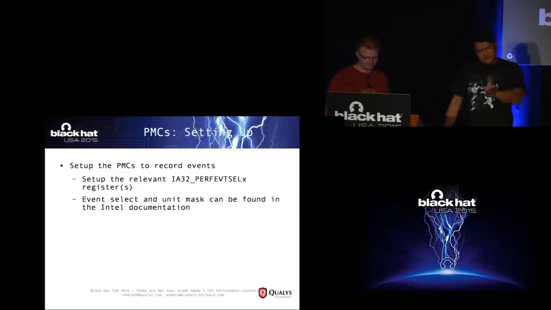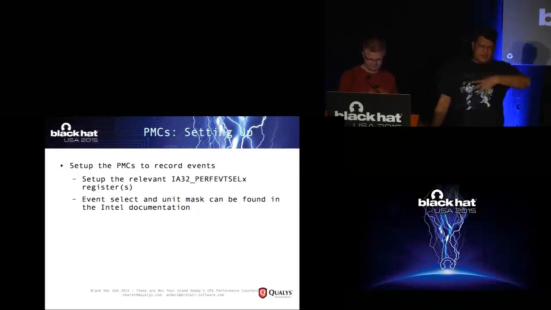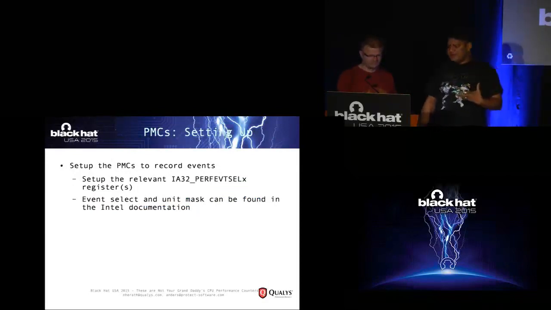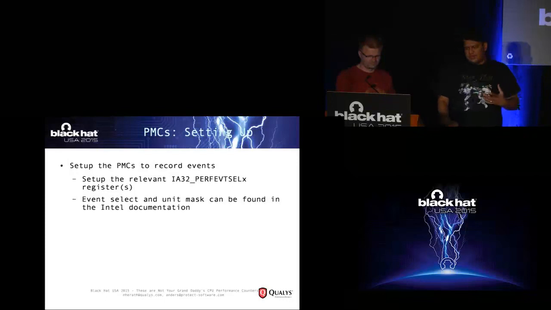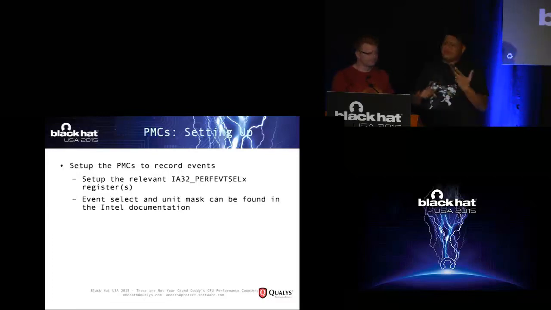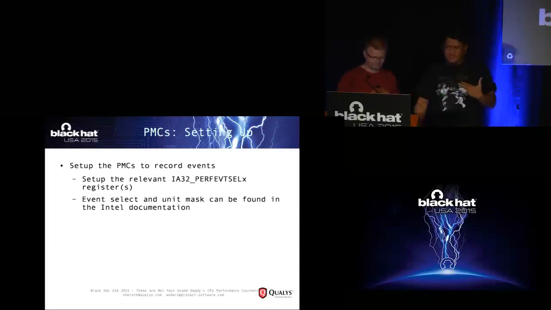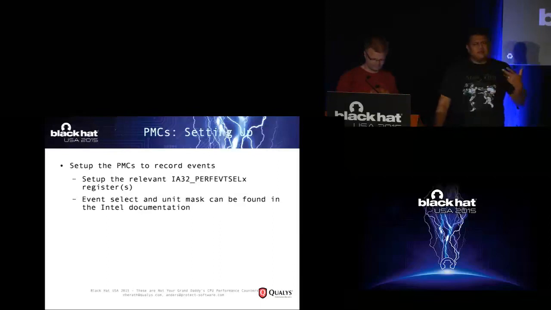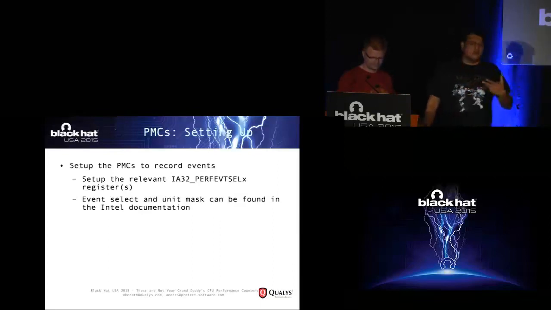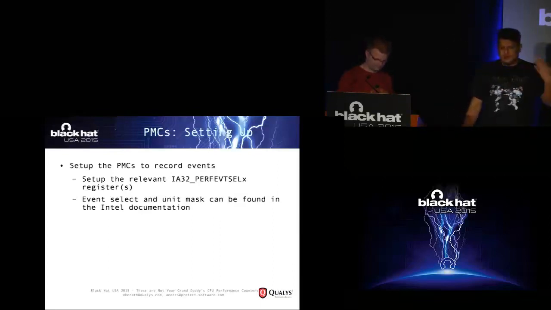Once you have set the ISR, to start recording events, all you need to do is this: for each performance monitoring counter, there are 2 registers. One is the event selector and one is the count itself. So you need to set up the performance event selector for the relevant counter. This instructs the CPU which type of events you want to monitor with this particular counter.